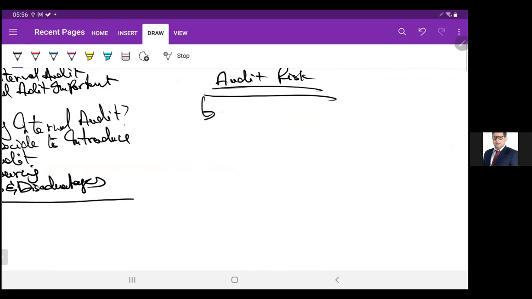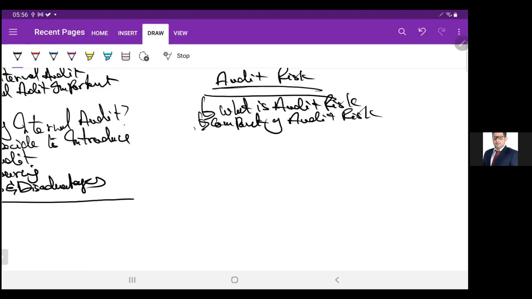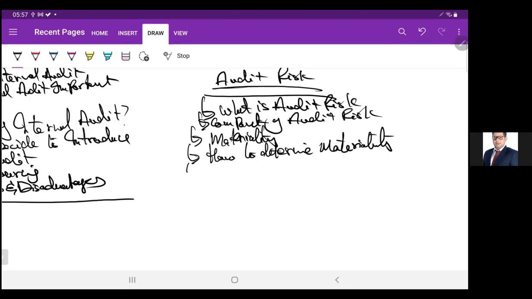We will look at what is audit risk, the components of audit risk, what is materiality, how to determine materiality, and the types of materiality.